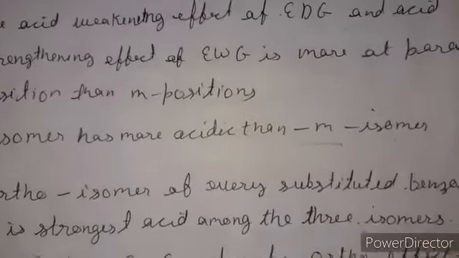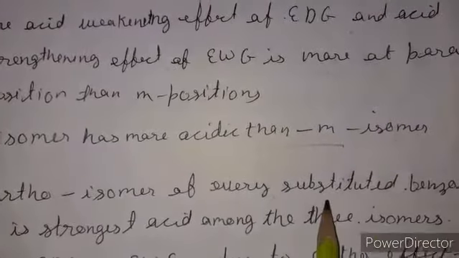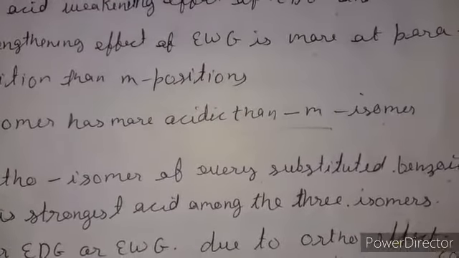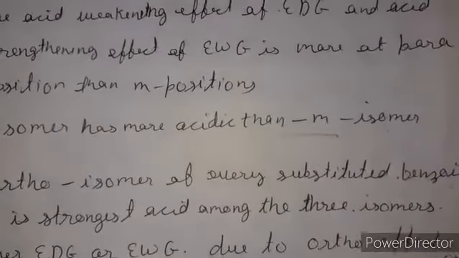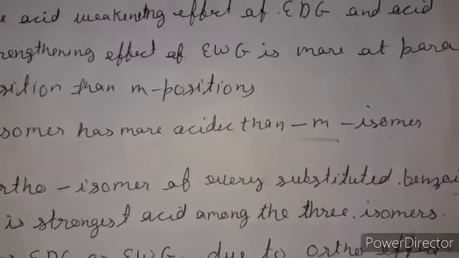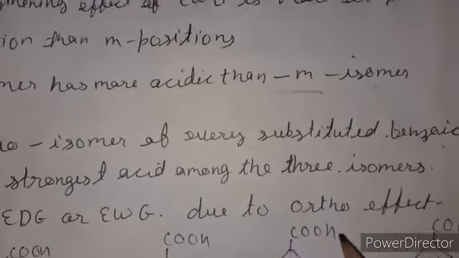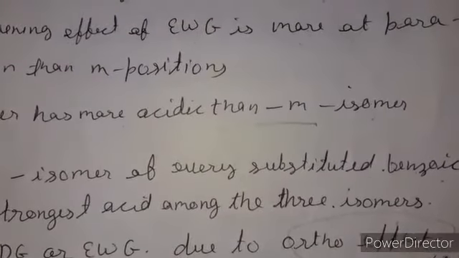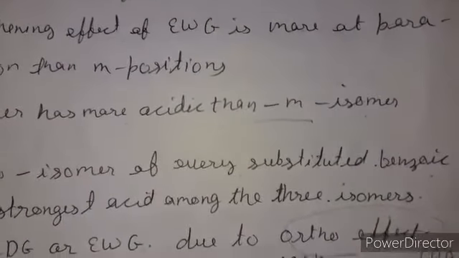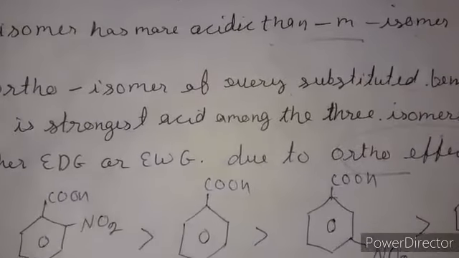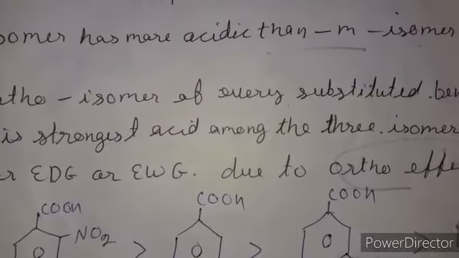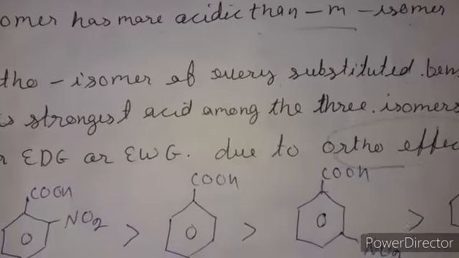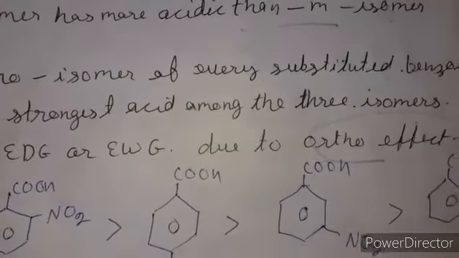But there is another important point: the ortho isomer of every substituted benzoic acid, either electron donating or electron withdrawing, is more acidic than para, than meta, than benzoic acid due to the ortho effect. Because of the combined effect of resonance effect, inductive effect and ortho effect, the ortho molecule, whether it has an electron donating or electron withdrawing substituent, is more acidic than para, than meta, than benzoic acid.